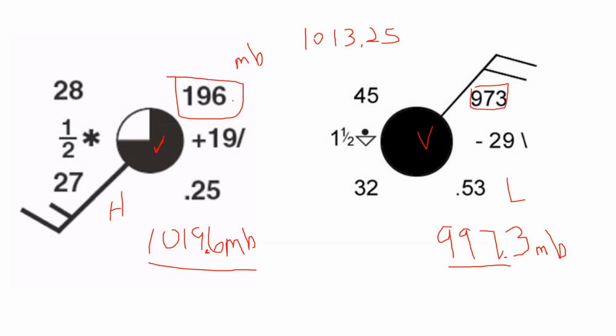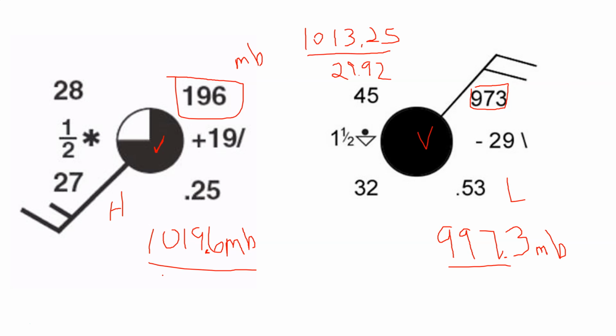Now, if you want to convert these into inches of mercury, what you need to do is say, okay, I've got to convert 1019.25, divide this by 29.92 because that's what it is in inches of mercury, 29.92, and then you end up with something, I believe it's like 33.86.